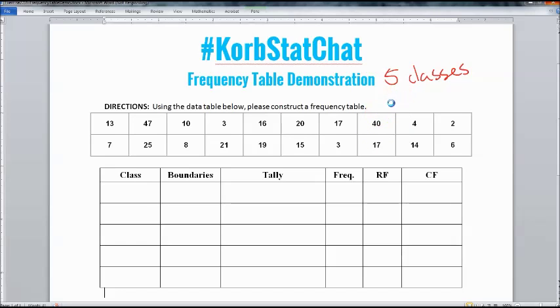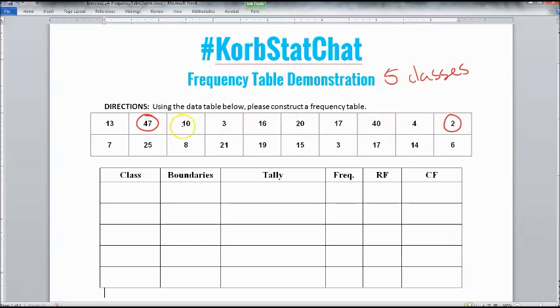To determine class width, we need to find the x max and the x min, find the range between the highest and lowest number, and divide it by 5. So let's do that now. If I look through my data set, I see that 47 is the highest number, and 2 is our lowest number.